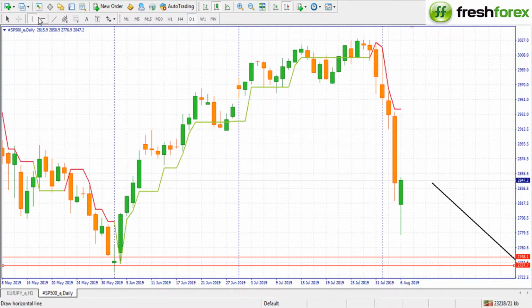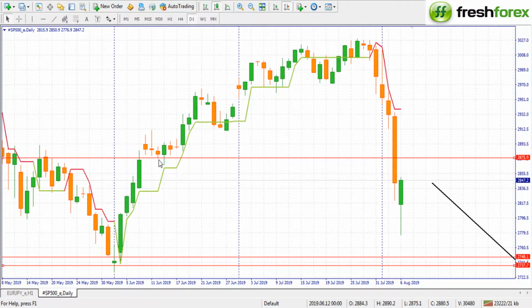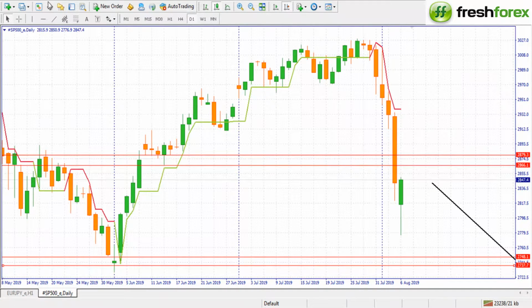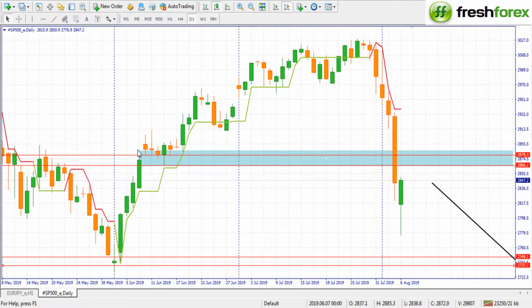And there's a level here where price may come back up to. The entire place, it's a zone. It's a very good place to sell from. So if you are checking this chart and you'd like to trade it correctly, then this will be the correct place to sell from.